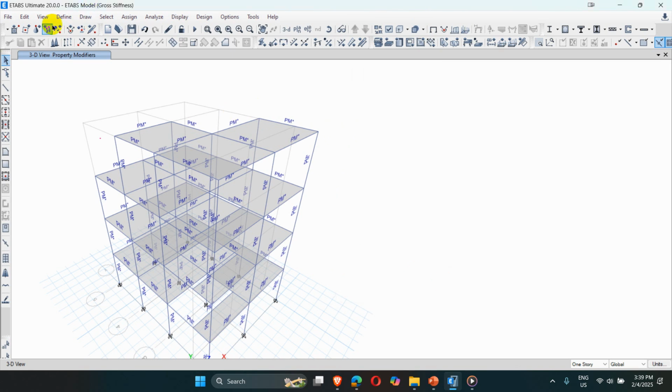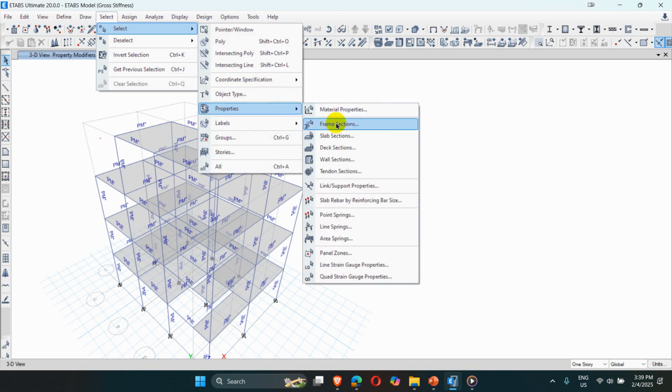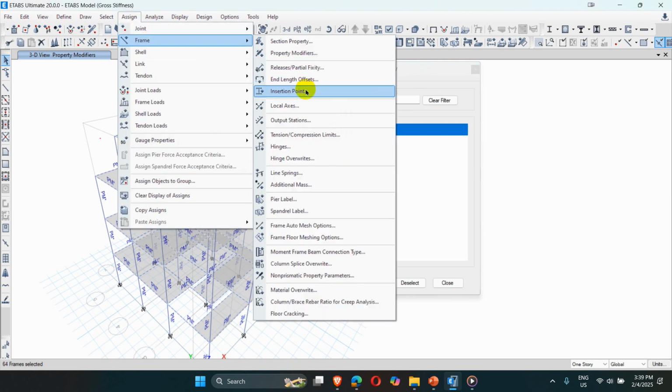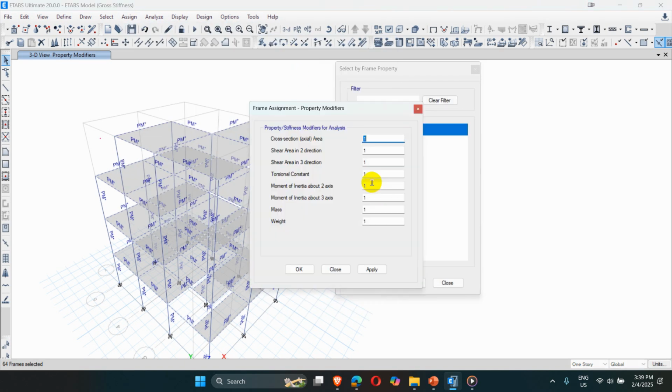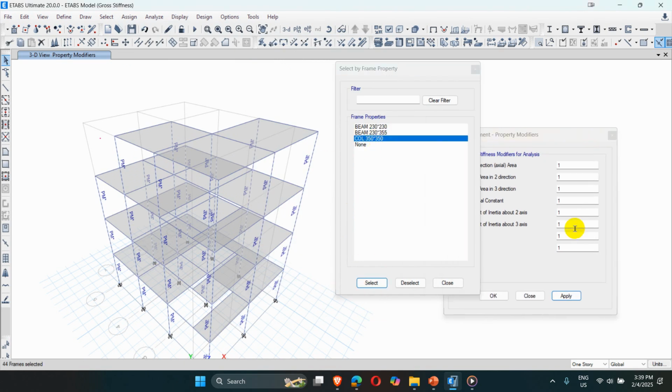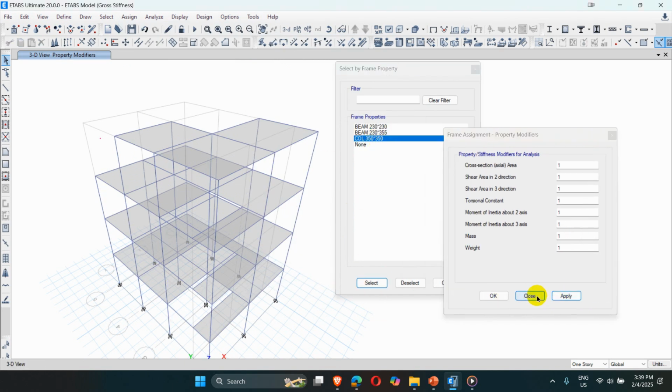So let me select frame section, beam, and I will keep it as gross. Then again, let me select column, keep as gross.